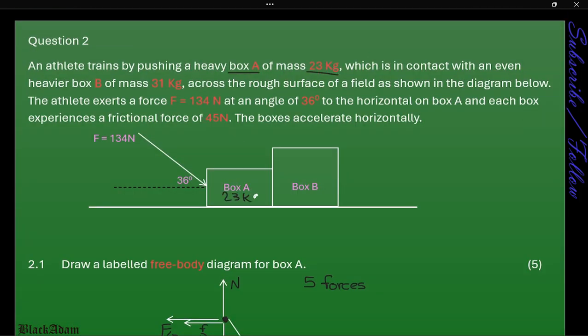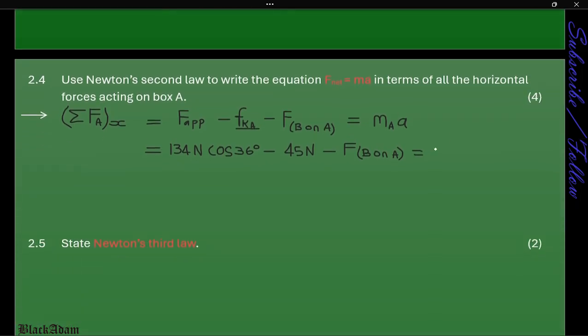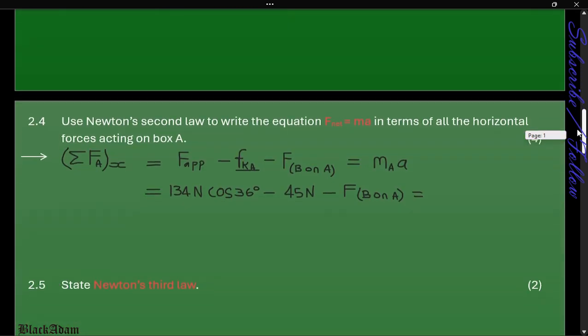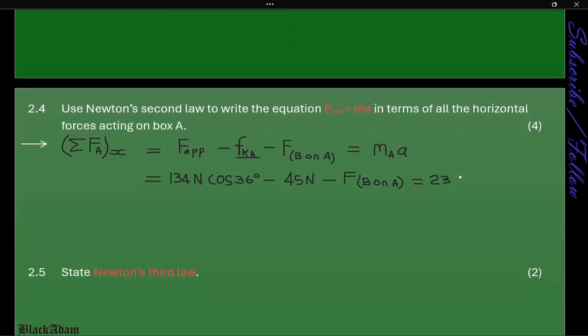Our mass is 23 kg, and then that will mean we have 23a, so that gives us 23a.